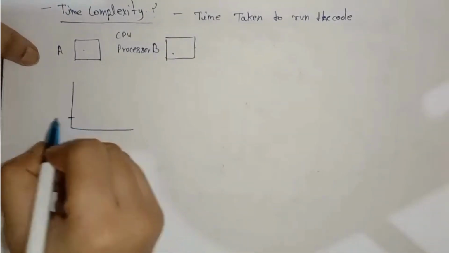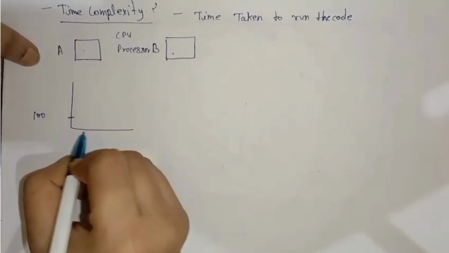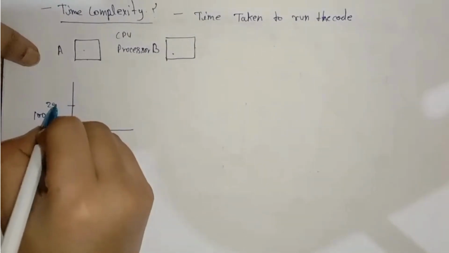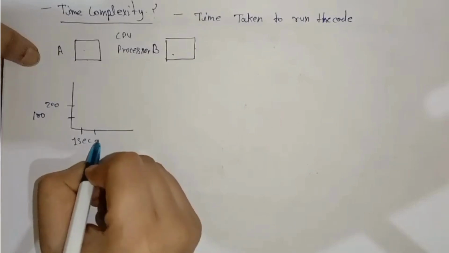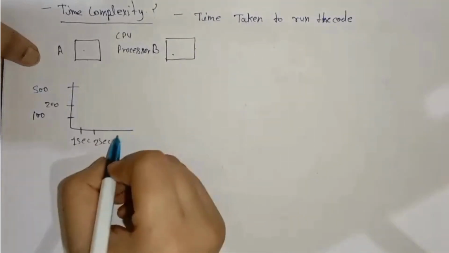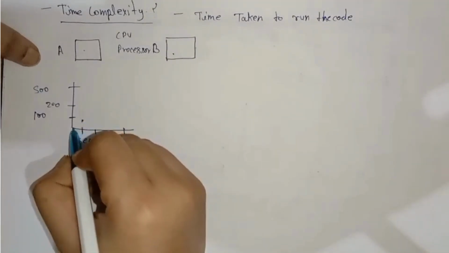Think that the MacBook takes 1 second to run 100 lines of code. For 200 lines of code it takes 2 seconds, and for 500 lines of code it takes only 5 seconds.